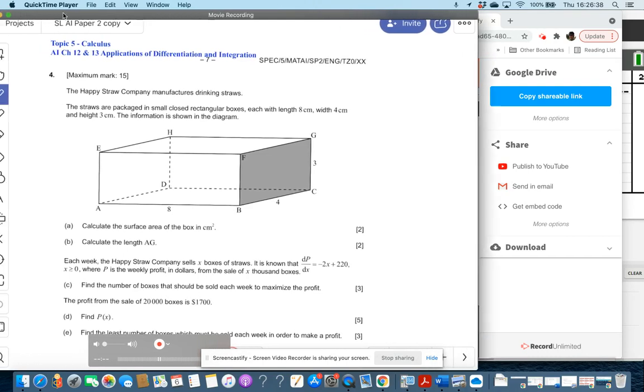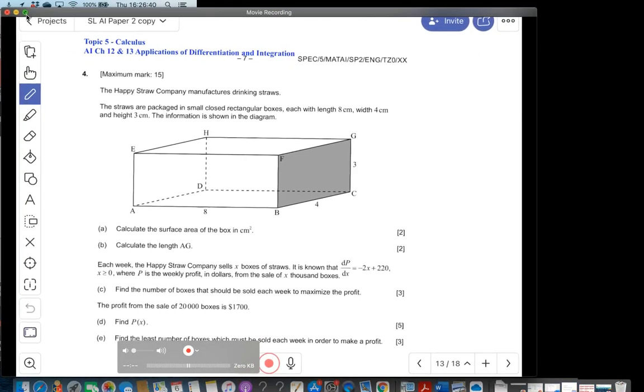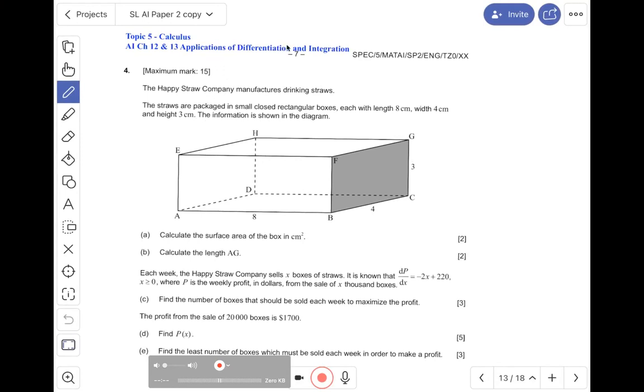Topic 5 for question 4. We got a calculus question, application of differentiation and integration. Okay, 2 chapters, 12 and 13. This is an old geometry question here. The straws are packed and closed. Again, we're used to open boxes, maybe in optimization problems, but this box is closed, so it has 6 surfaces closing this cuboid, and we're given the dimensions written on the diagram here.